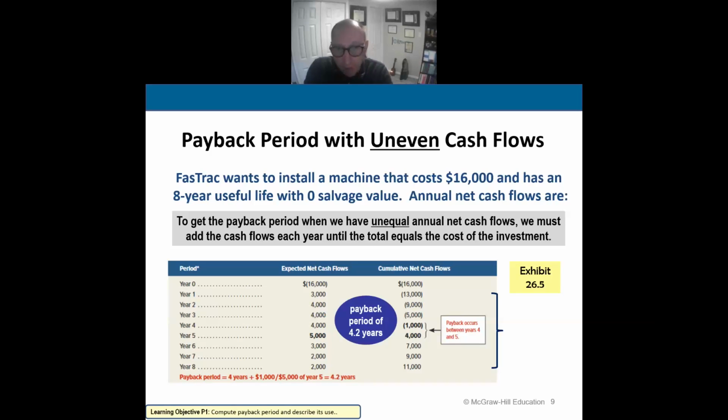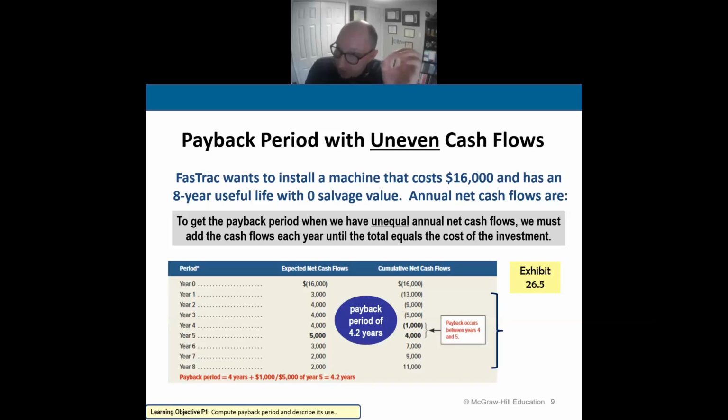Year 2, we made another $4,000, which means our cumulative is minus 9,000. Why minus 9? Negative 13 plus 4 equals minus 9. Year 3, we made another 4,000, so now we're at minus 5 cumulative. Year 4, we made another 4,000. Now we're at minus 1.